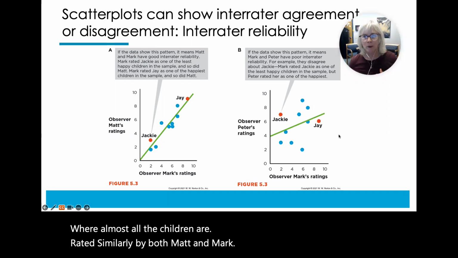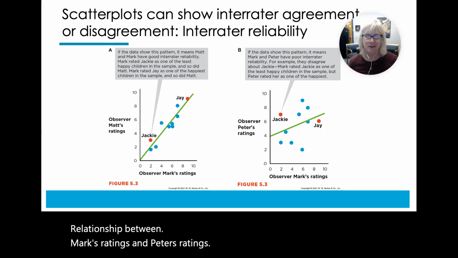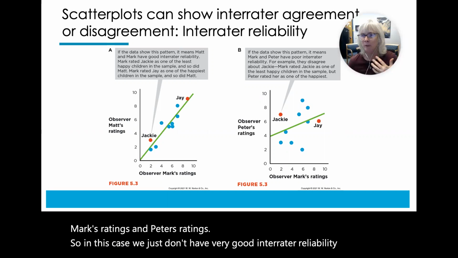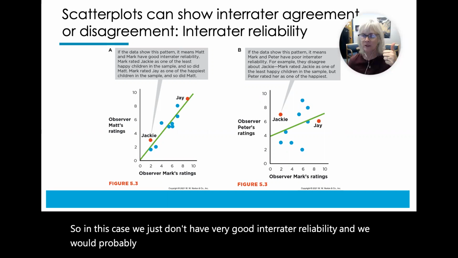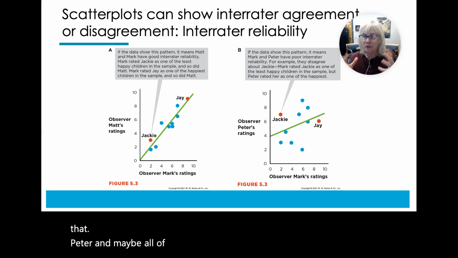However, with this measure, we have a much poorer relationship between Mark's ratings and Peter's ratings. So in this case, we just don't have very good interrater reliability. And we would probably suggest either that there's a problem with the measure or that Peter, and maybe all of the researchers, need to go back and train some more on the measure.